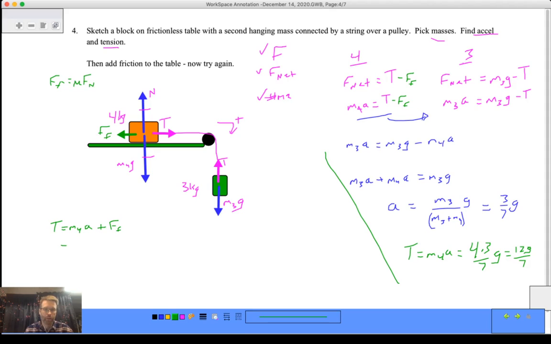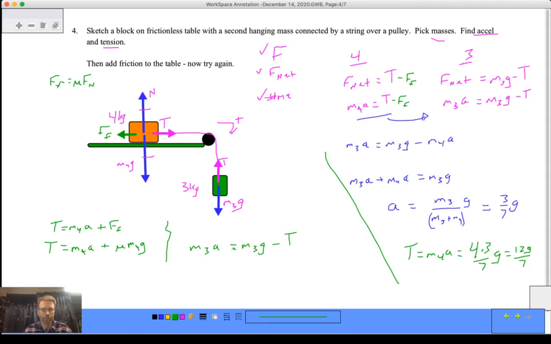So now we'd have m4a plus the force of friction, which is mu times the normal force, m4g, equals T. And now we're going to have algebra soup. So that's one equation. The second equation is still m3a equals m3g minus T.